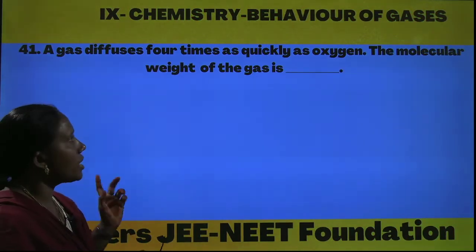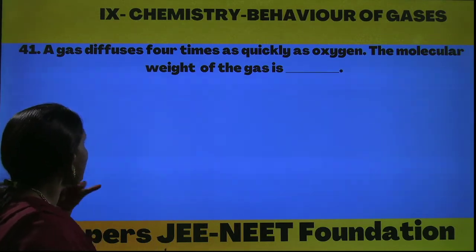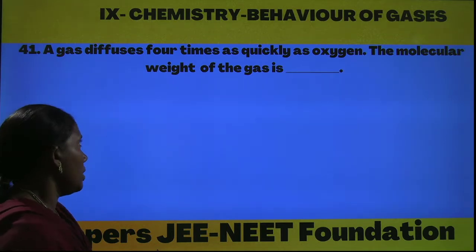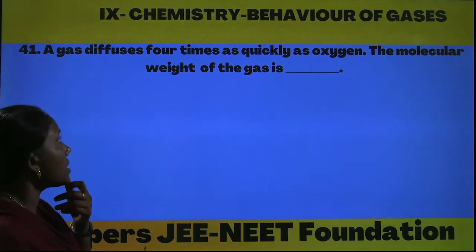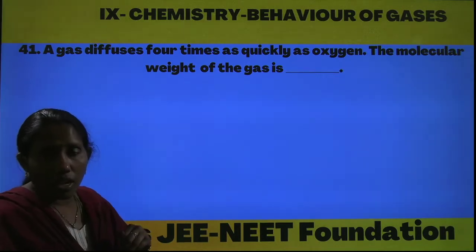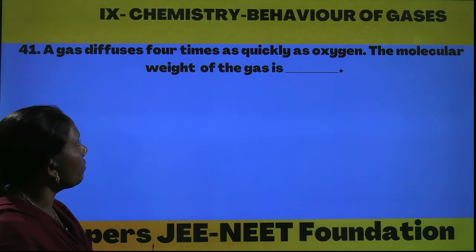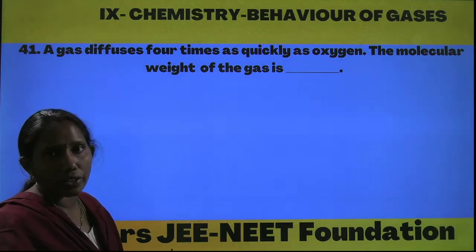This is also an integer type question only. A gas diffuses 4 times as quickly as oxygen. The molecular weight of the gas is, here the rate of diffusion we have to take.